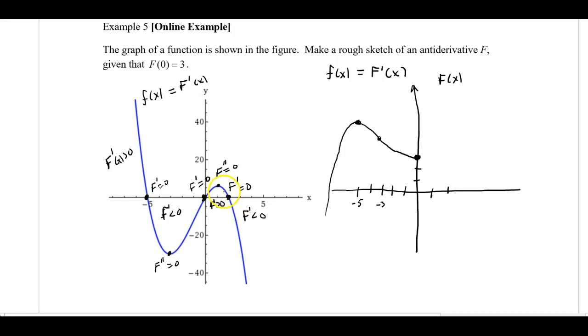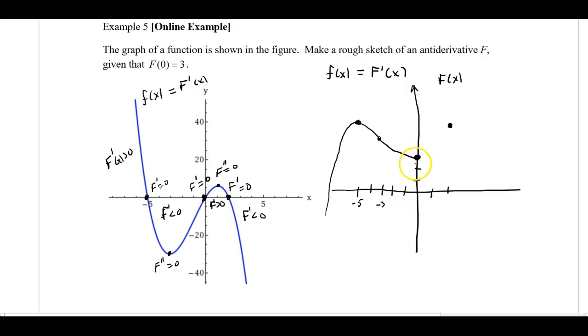So F will be increasing and then decreasing. So at 2 we're going to have another local maximum. Let's just say maybe it's here. We're just drawing a general sketch, so we don't know exactly where the max is going to be.